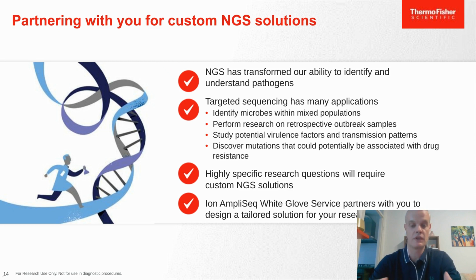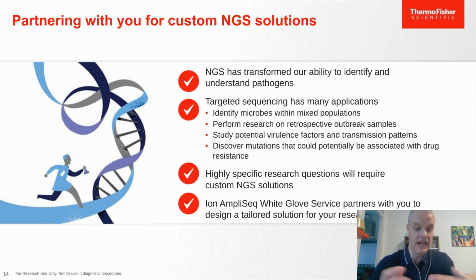It can perform research on retrospective outbreak samples, for example. You can have information on the presence of virulence factors that emerge in a certain population or in a certain infectious disease, and also discover mutations, by the information included in the sequencing, that are associated with drug resistance or other characteristics you want to study.